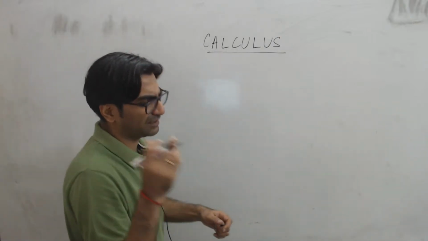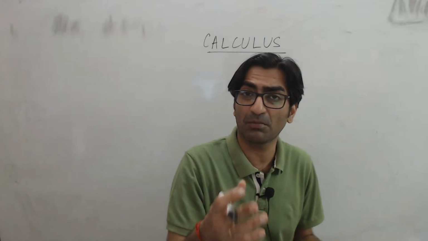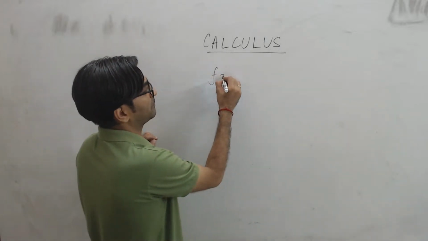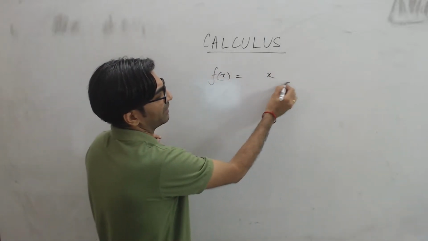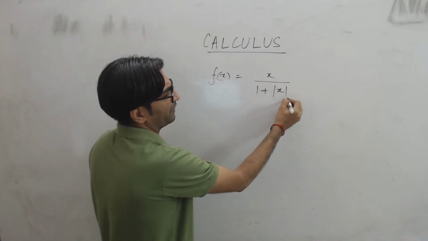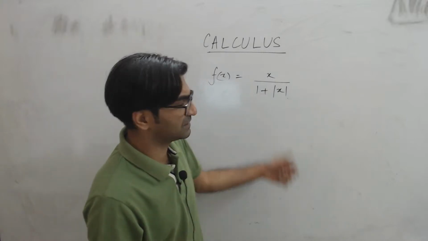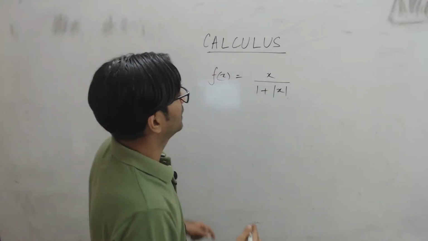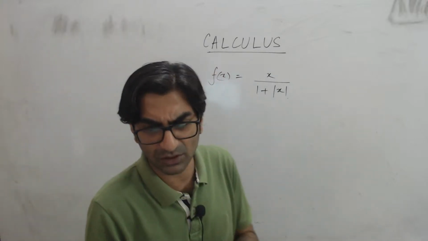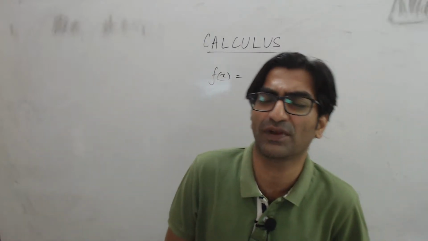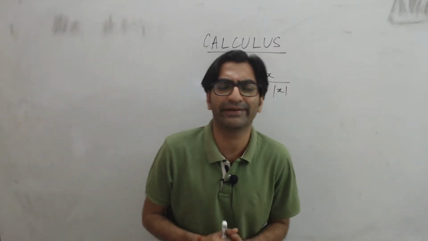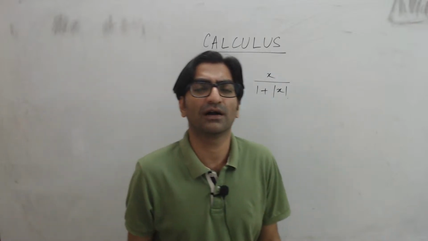This is a question which is unique because of the modulus in the expression, right? f(x) is equal to x divided by 1 plus mod of x is the given function, and the question asks us to figure out where this function is differentiable. Now, you can use the concepts of left-hand derivative and right-hand derivative and use limits to figure it out.